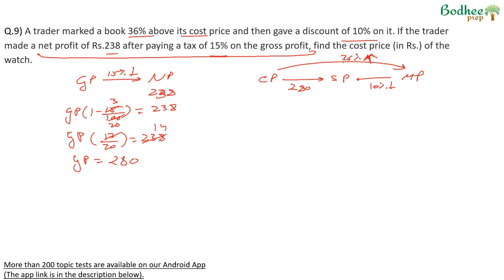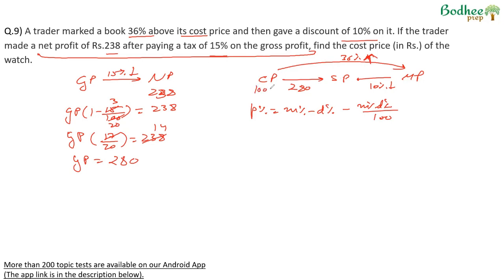Now, what we can do is, since we have the markup and discount percent, we can find out the profit percent by putting the values in this formula. So we get the profit percent, and profit percent of CP will be the profit, which is 280. We can get the answer. I am using values.